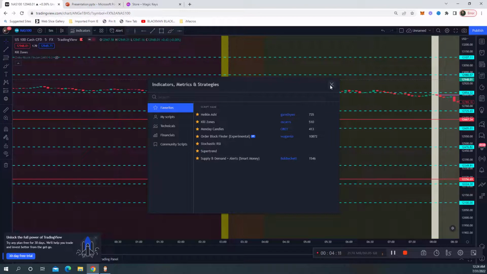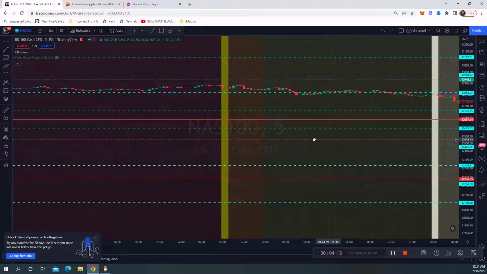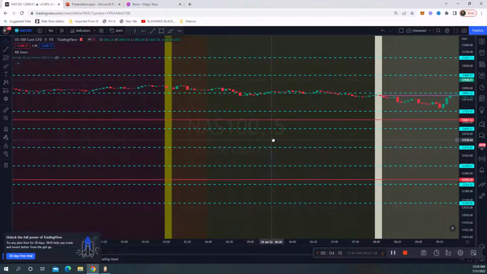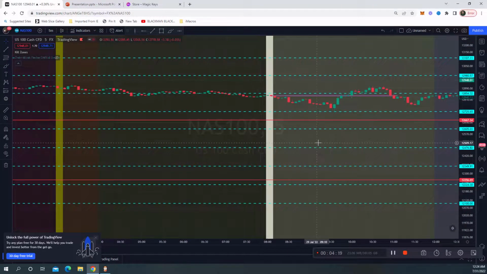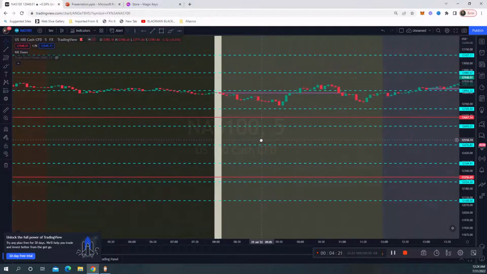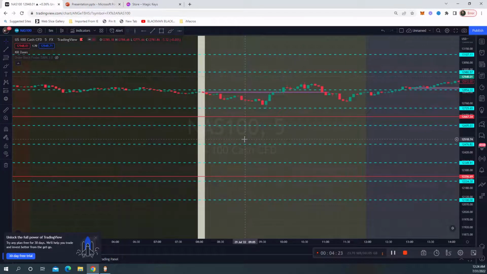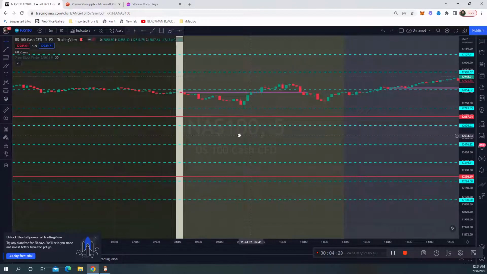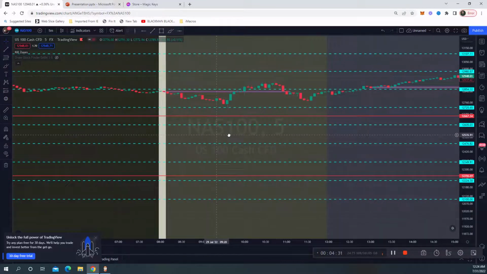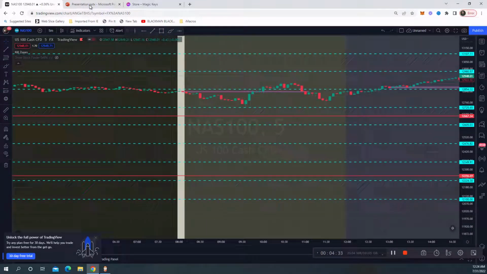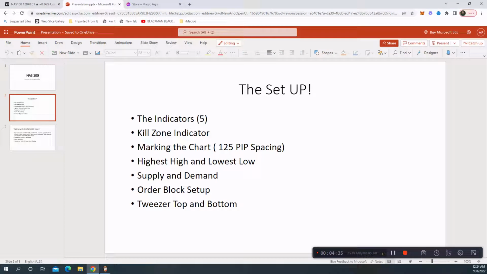Once you do that, it will populate and you will have the sessions on your chart. What I'm showing you only works for NAS100, so you'll know when the New York session starts with NAS. That's the kill zone.